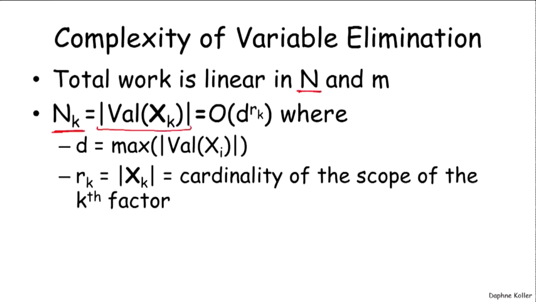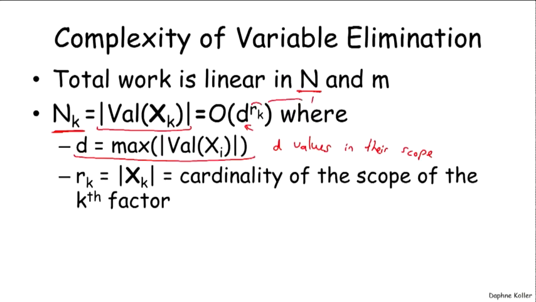And so if we say that, for example, just for simplicity, all variables have d values in their scope, so that, for example, all variables are binary, that would be d equal to 2, then the number of values in a factor is exponential, where the base of the exponent is d, and the exponent is the cardinality of the scope of the kth factor.